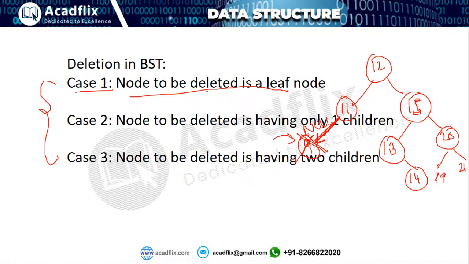Fine. So this is a very easy case, and case 2 is also easy, but the main case is the third one. Before moving to case 3, I'll discuss case 2.